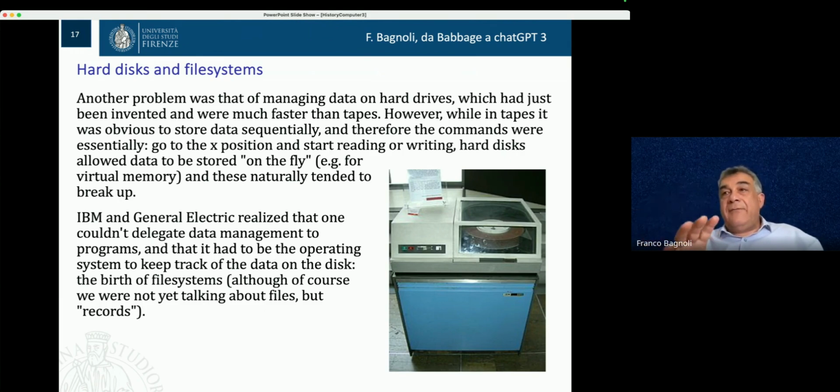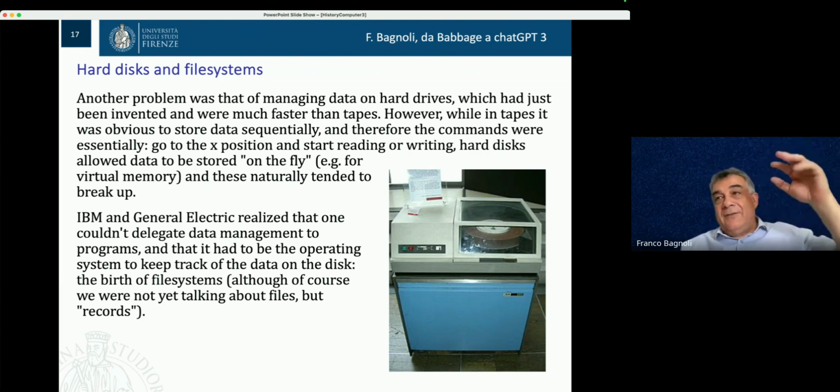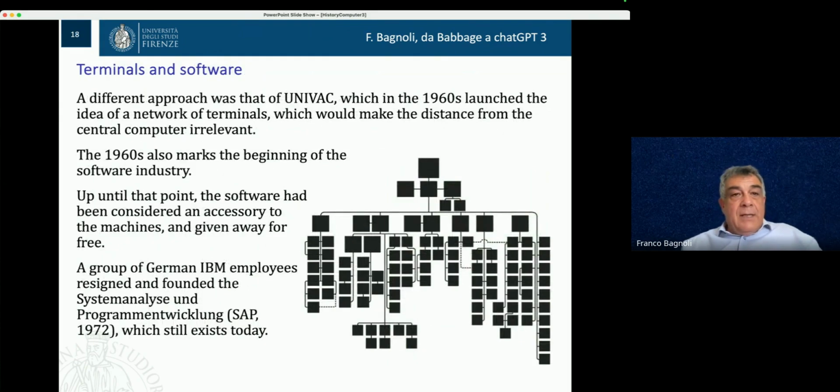So you may have a directory of what records are inside, each record of the same size. You may say, okay, the data of this experiment start from record 5,000 until record 10,012.